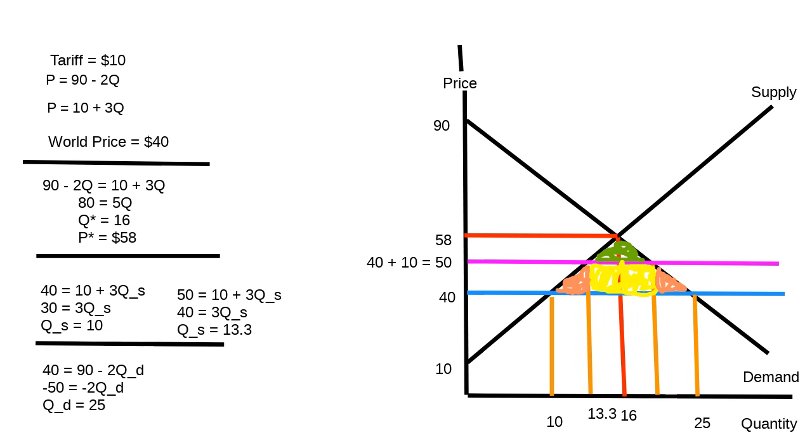Okay, and then what about quantity demanded? Instead of 40, we're going to put 50. So 50 equals 90 minus 2 QD, which gives 20. All right. So now we have all our pieces.